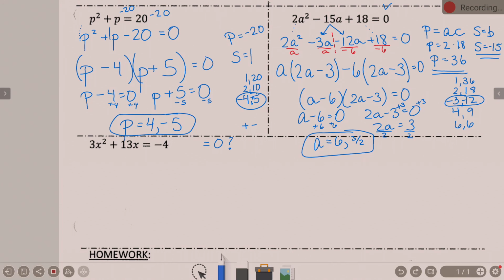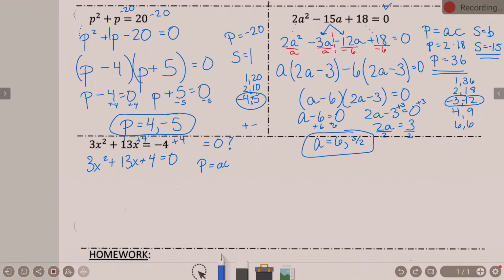It does not, so we would have to take that minus 4 and add 4. So 3x squared plus 13x plus 4 equals 0. And then you would do your product of AC, and it would be the same process as this last problem.